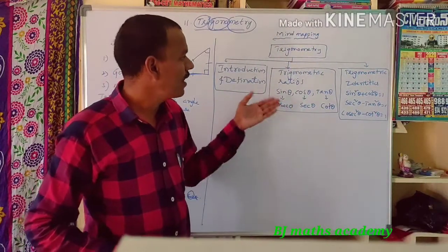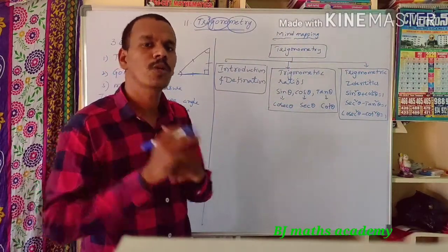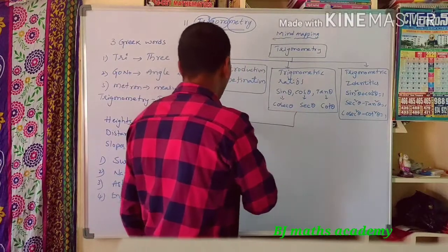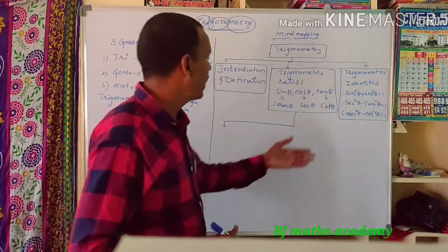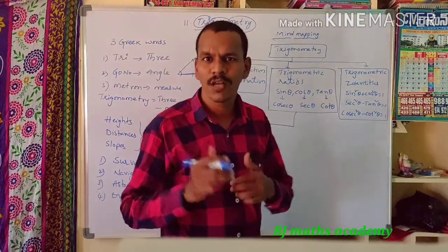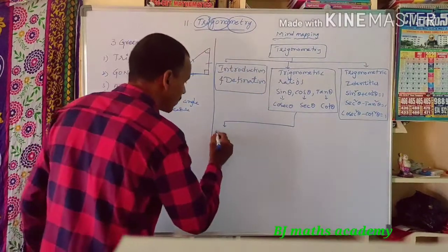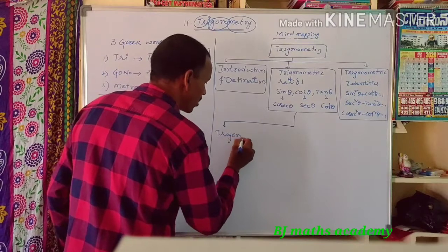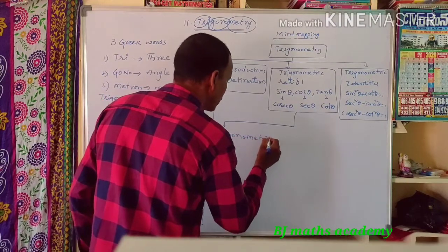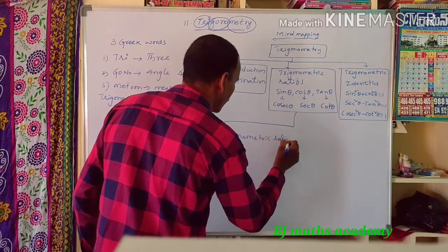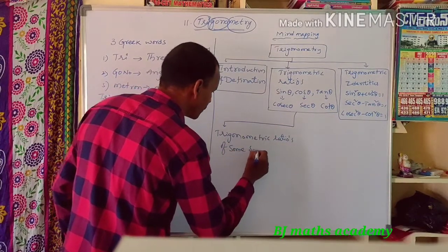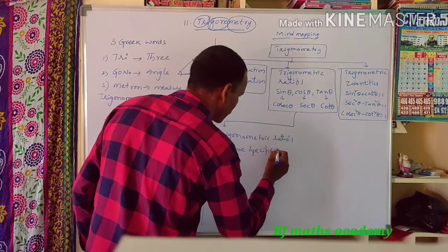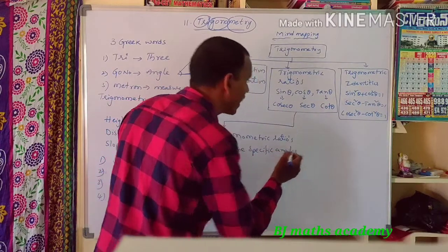Again, the trigonometric ratios are divided into 2 types. First one is trigonometric ratios of some specific angles, and the second one is trigonometric ratios of complementary angles. What is the first one? Trigonometric ratios of some specific angles. So what are the specific angles?